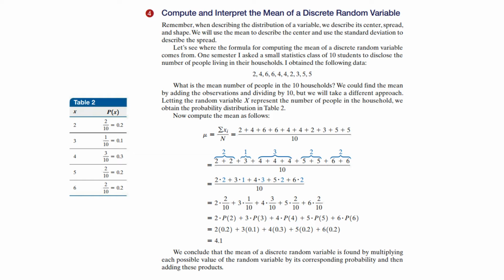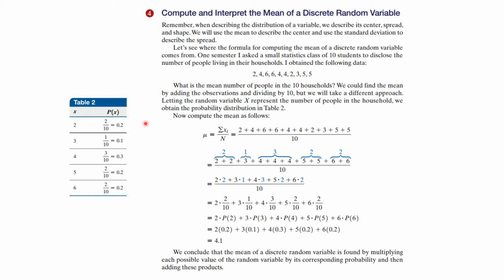Now, certainly when we have a probability distribution, we can talk about the mean and the standard deviation. So first we're going to talk about the mean. Here we have a table where we show 2, 3, 4, 5, and 6, and these are the probabilities that those various entries happen.